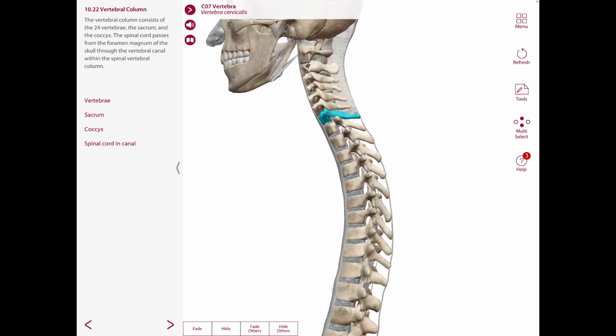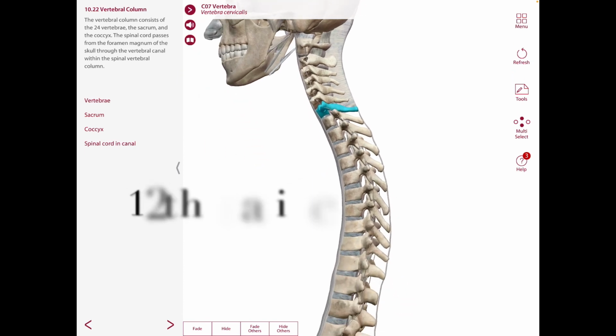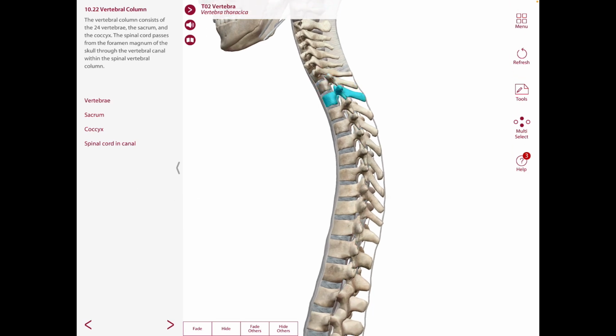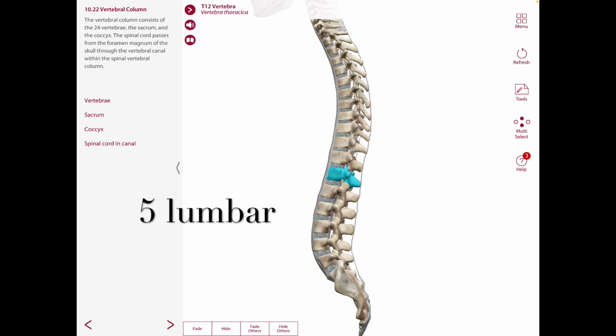We also have thoracic, which consists of 12 vertebrae, from T1 all the way down to T12. We also have a lumbar area, which is 5 lumbar vertebrae, L1, 2, 3, 4, and 5.